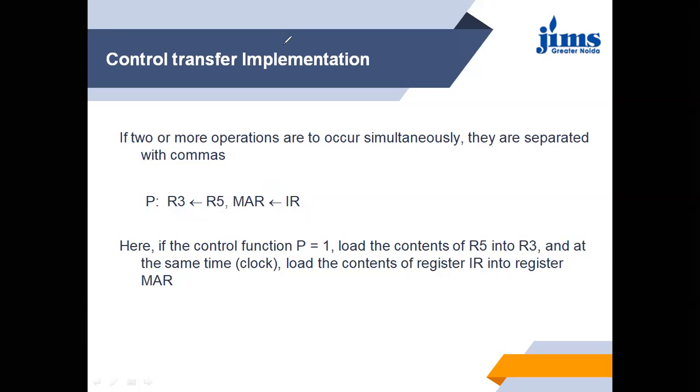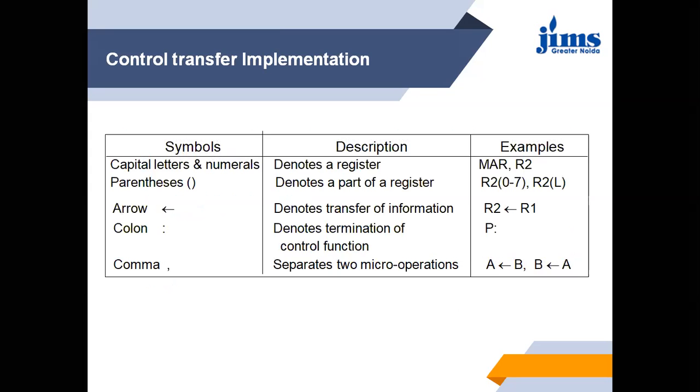We will study these different registers in detail whenever we are required to, so don't worry about what MAR is or what IR is. These are some simple symbols we have to use when we perform some operations.